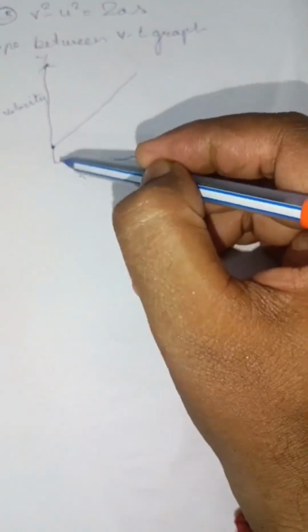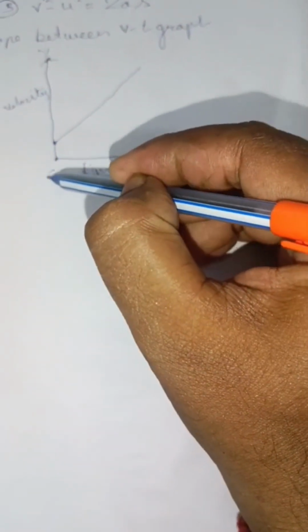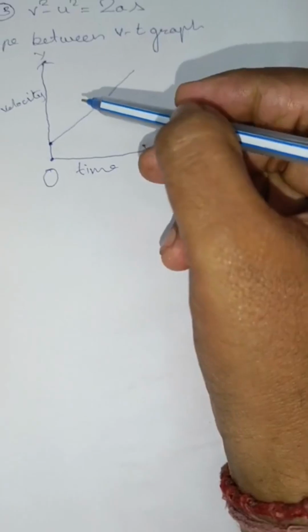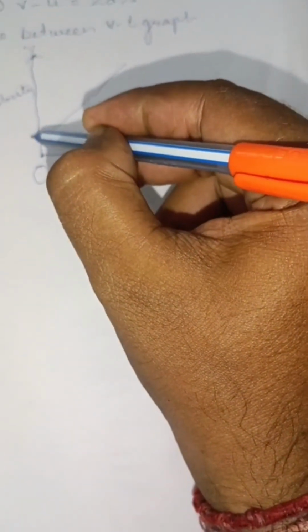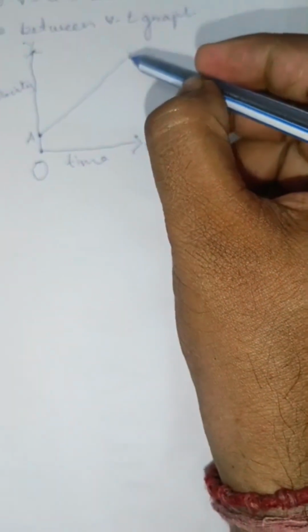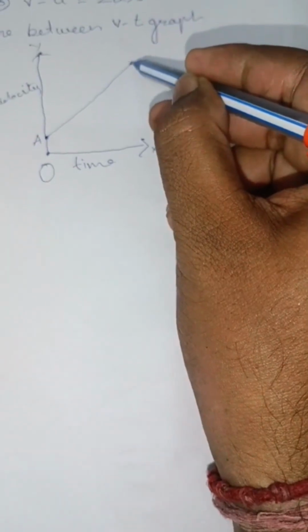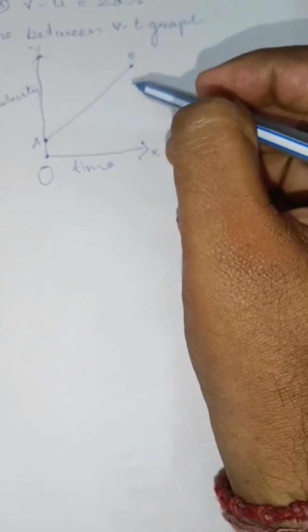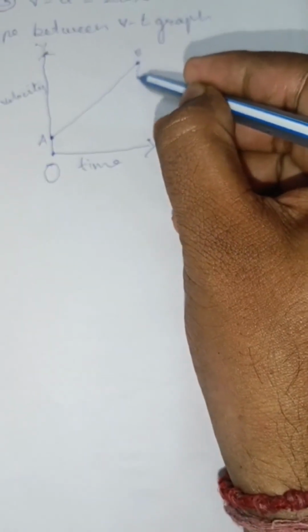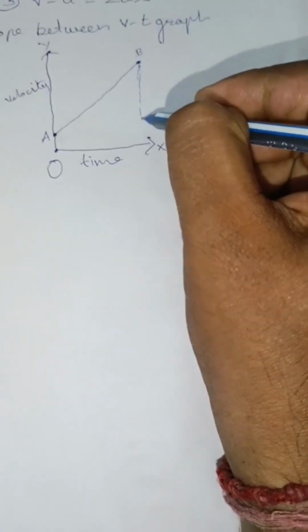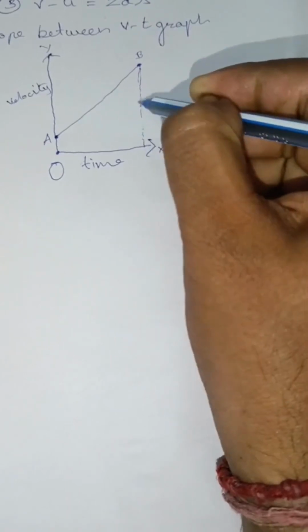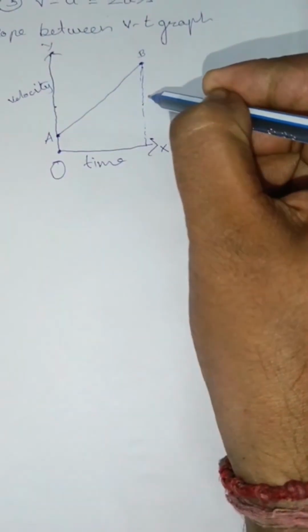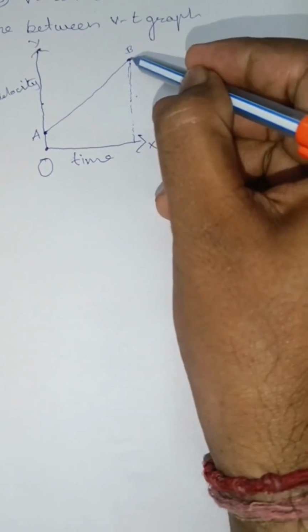Which is the starting point? This is my origin, which is considered as O. Since it is a starting point, I will consider this as A, and this is the ending part, so I will consider this as B, and we have to draw corresponding lines. This line is parallel to y, so it is the corresponding line.